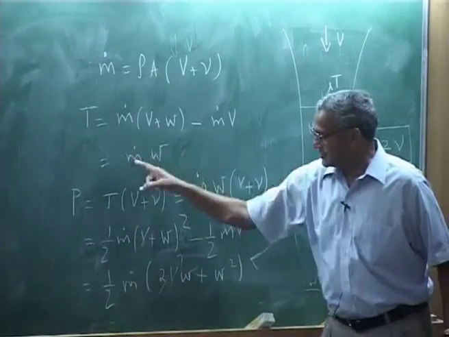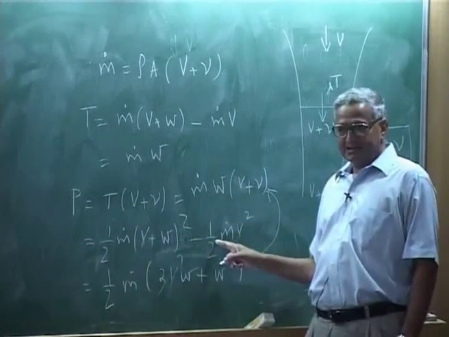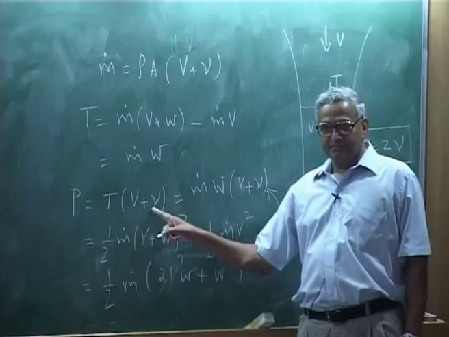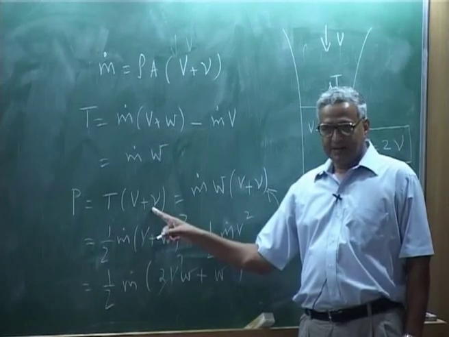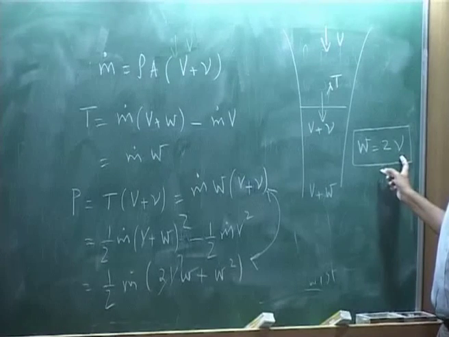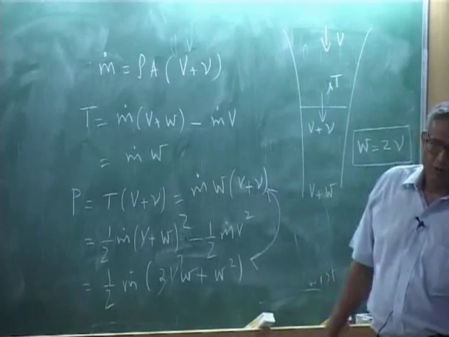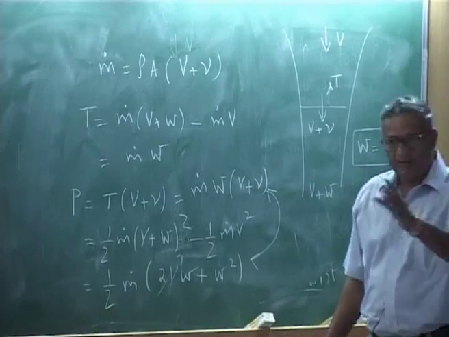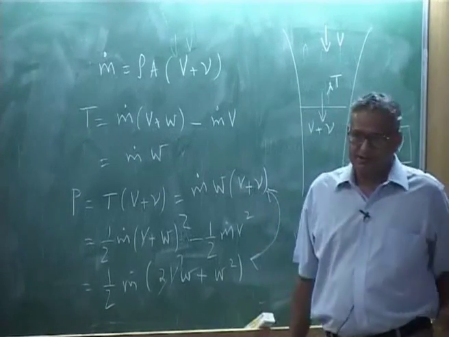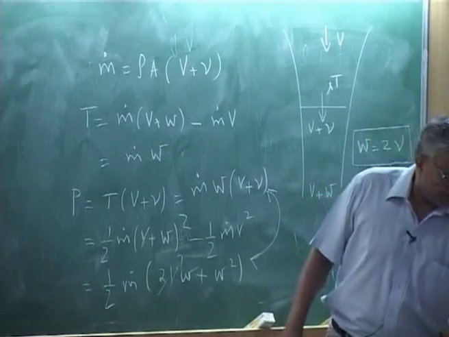I am substituting thrust is m dot W into V plus nu, this is in terms of kinetic energy, this is thrust into V plus nu. Okay. Now, when I equate, I get W is 2 nu, which is identical to the result we got in the hover, and you will find even in descent it is going to be the same, that I will show, but only thing is the sign will change a little bit there.